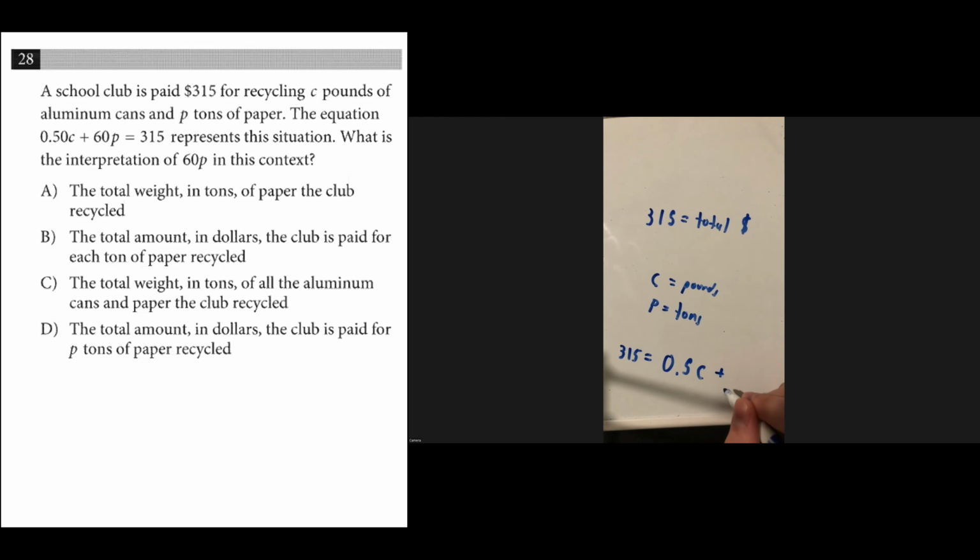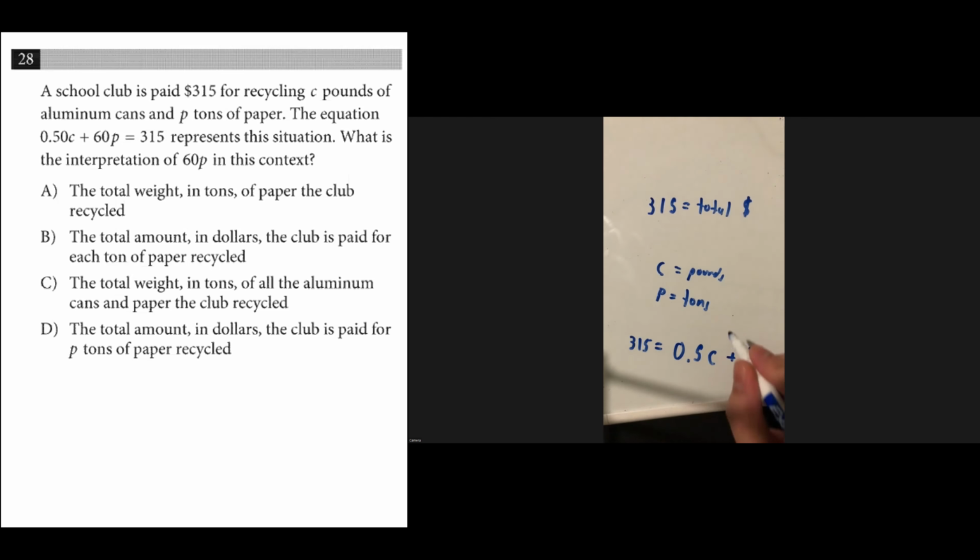And then plus 60P basically means for every ton of paper, you get $60. So this means that the correct answer is D.